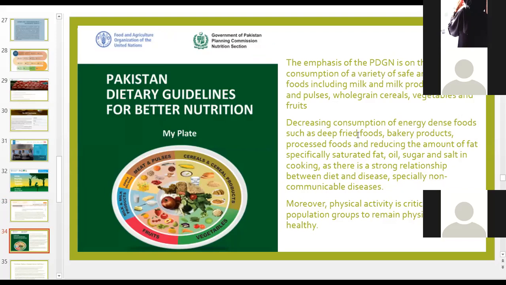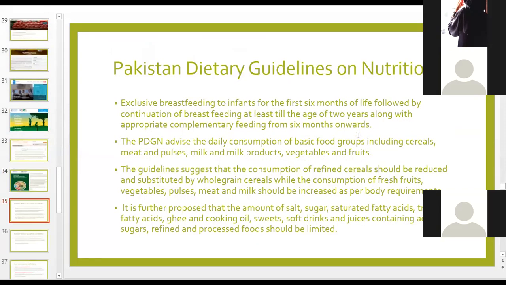Moreover, in Pakistan, the physical activity level is lower than in other populations, and it is critical. Physical activity is also critical for a healthy lifestyle along with a balanced diet.